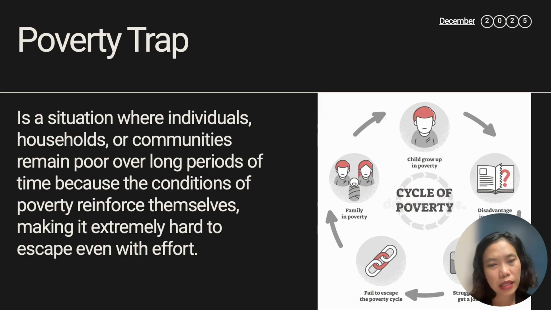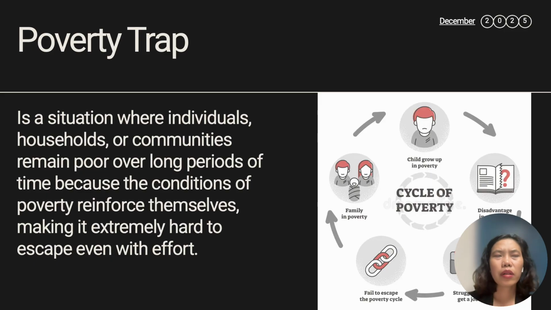It's like you are trapped in a routine or a maze or a cycle that you cannot get out of for a very long period of time. So you remain poor for a very long period of time.